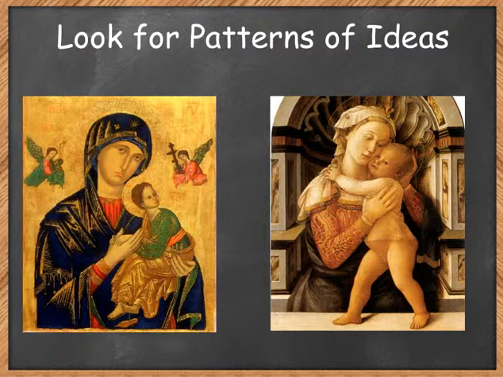One of them has a child who's wearing rich robes and rich clothing. One of them has a child who's naked from the waist down. One of them is intentionally supernatural. It has a variety of angelic figures and looks like something that does not exist in the world.